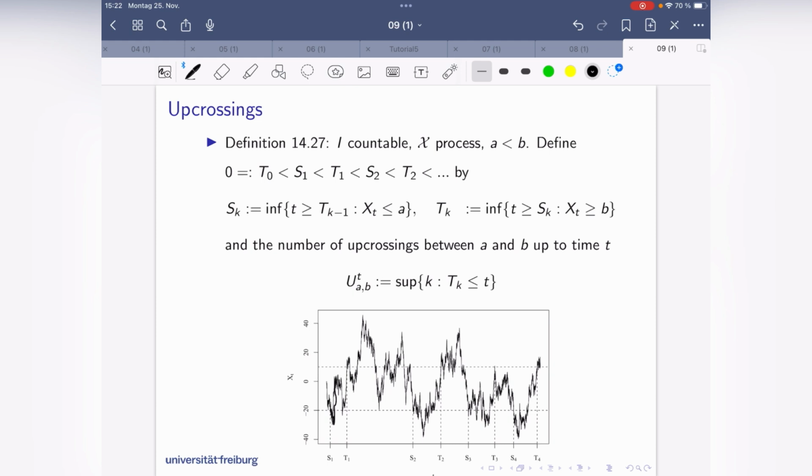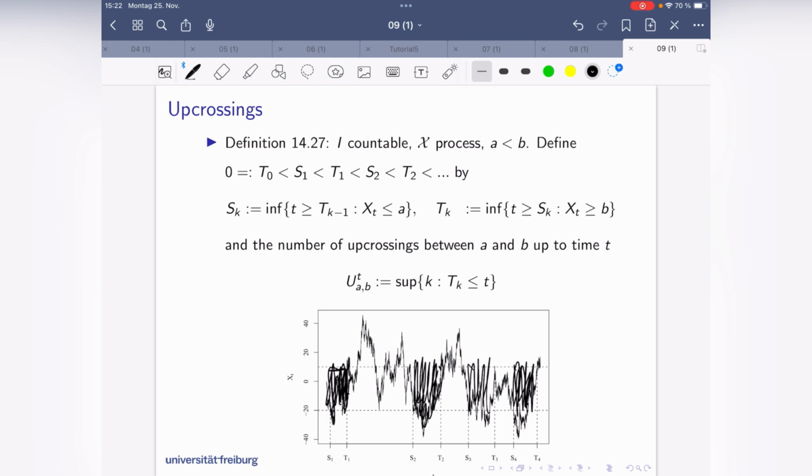The first upcrossing between minus 20 and 10 is from here to here. Then nothing very much happens until I am below minus 20 again, and I have the second upcrossing here. And here's the third, and here is the fourth upcrossing.